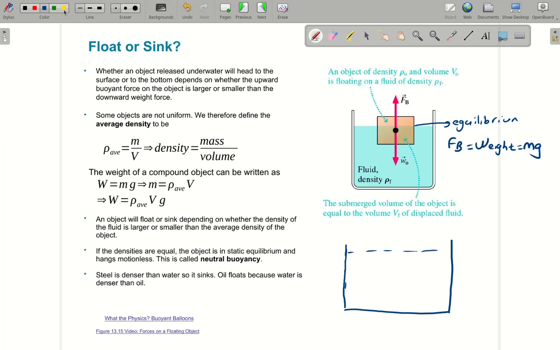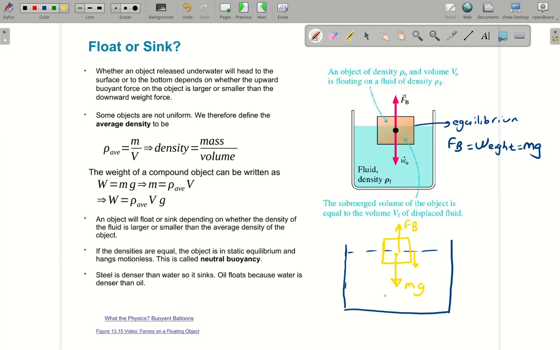If I put something that will not want to float, for example, if this is a wooden block, it will float. If I have an iron block, if I put it in the same way as I put the wood in, I know it's not going to float. It will sink. Because of its large density, its mg will be larger than F buoyancy.